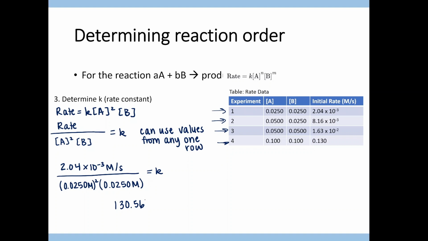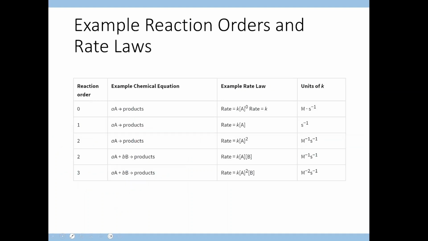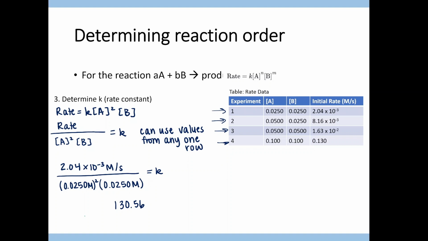Now we have to think about units. We have molarity on the top. We have molarity cubed in the denominator. This right here gives us molarity squared, and then times another molarity, so that results in molarity cubed. I will use green for units.